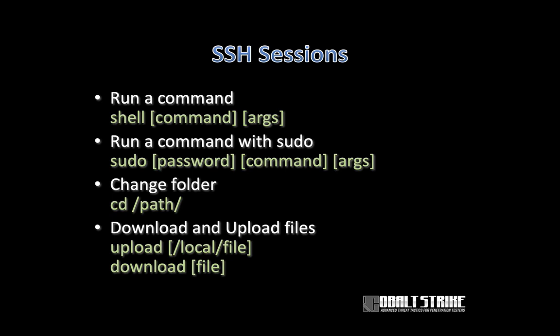The shell command will run a command and give you output, very much how Beacon's shell command works. If you want to run a command with sudo, use the sudo command. One warning though, this sudo alias happens to use a flag that is not available in all versions of sudo to pass the password. So it may work on your target, it may not.